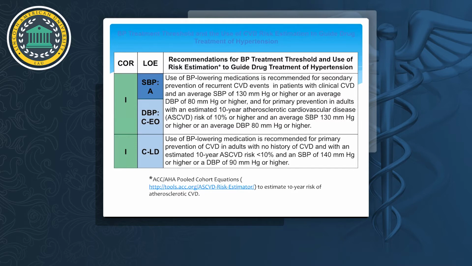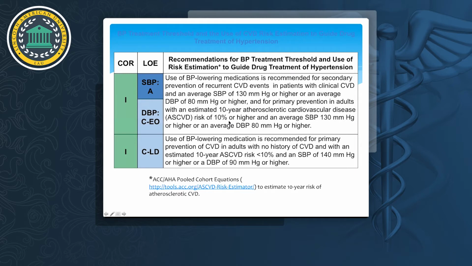Let me explain to you guys in simple terms. So if a person comes to you and he has no risk factor for heart disease and his blood pressure is 135/85, which comes as per the guidelines stage 1, his 10-year atherosclerotic cardiovascular disease risk is less than 10%. You don't need to treat him.